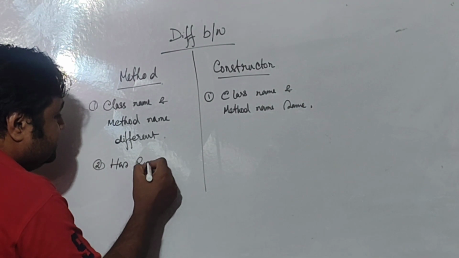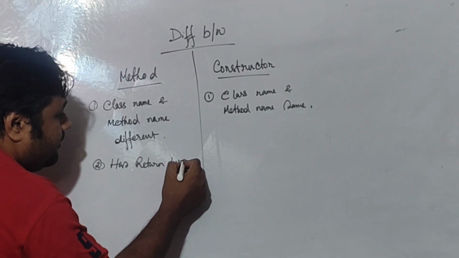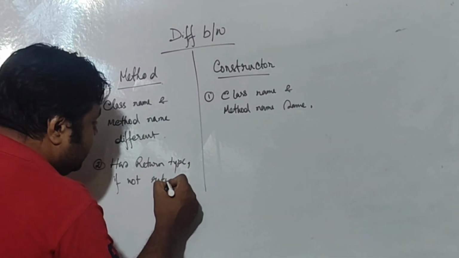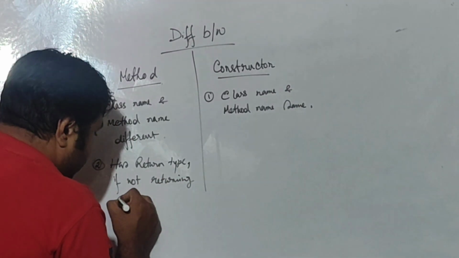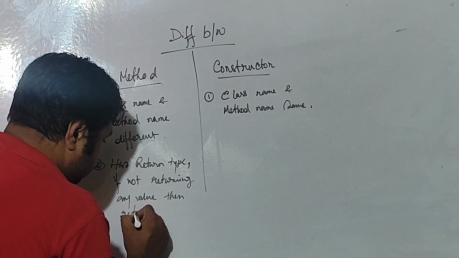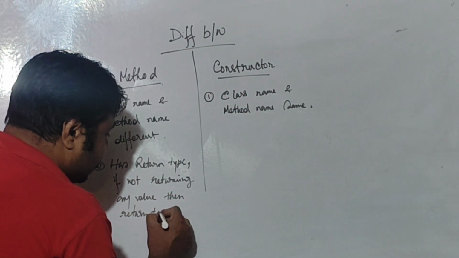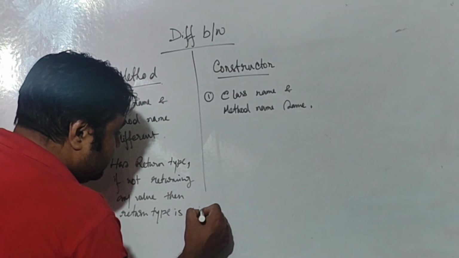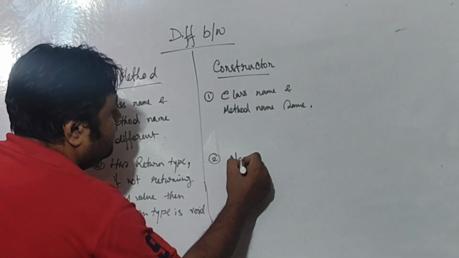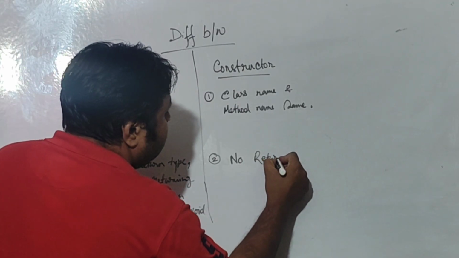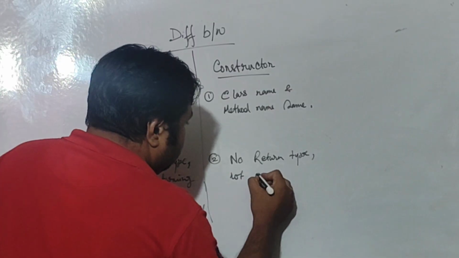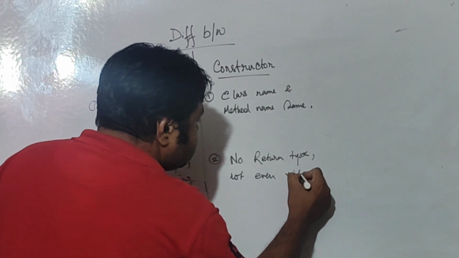Number 2: a method has a return type. If not returning any value, then the return type is void. Here, in a constructor, no return type, not even void.